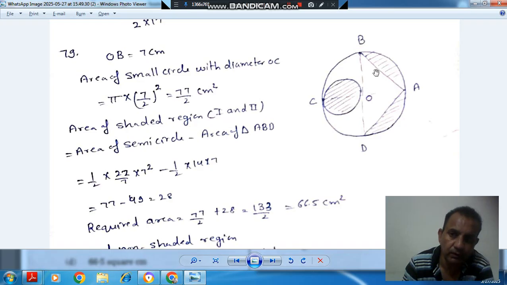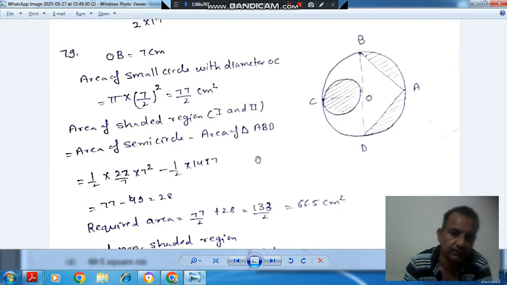Now for this portion of the shaded region, we will calculate the area of this semicircle and subtract the area of the triangle. The area of the semicircle is 1 by 2 pi r square, that is 1 by 2 into 22 by 7 into 7 square, where r for this semicircle is 7.